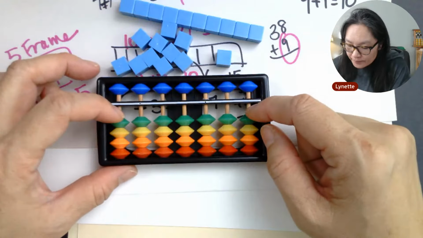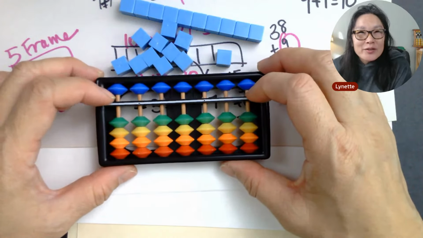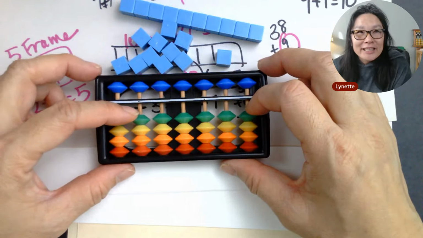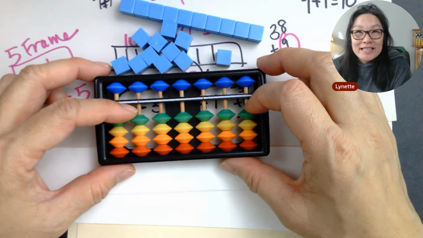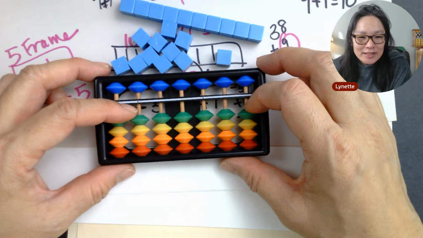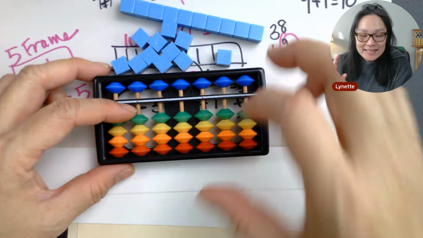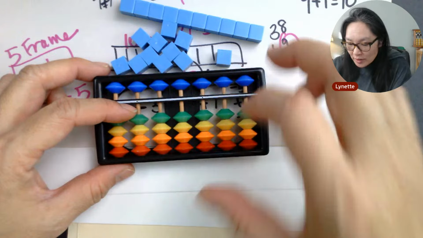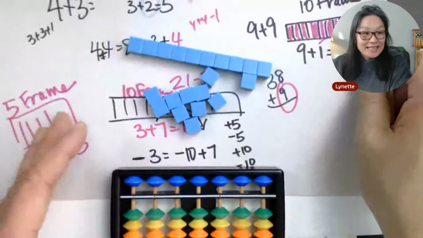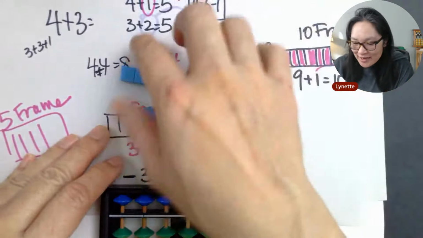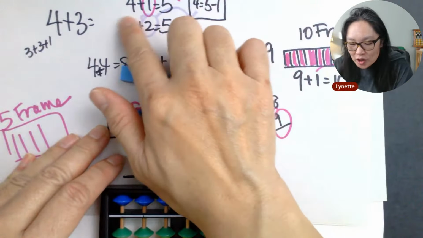There was one student we had. He went to college and was in a science class. So the building blocks are knowing the partners. Yes, the building blocks are knowing the 10 frame and the 5 frame. In school we are taught this, right?